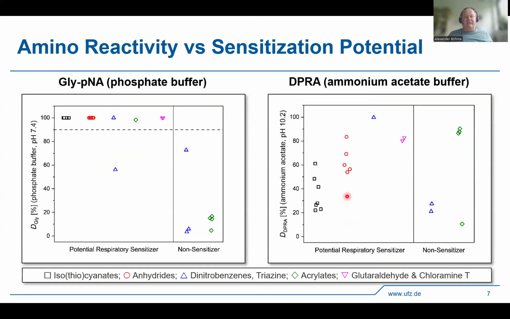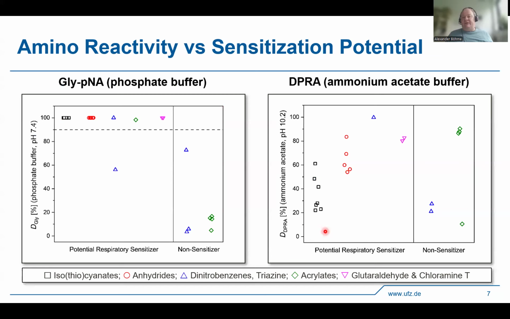And here are the results. On the left side, you can see that with our GlyPNA assay and the phosphate buffer setup, almost all respiratory sensitizers show a very high amino reactivity, while the respiratory non-sensitizers are typically less amino reactive.